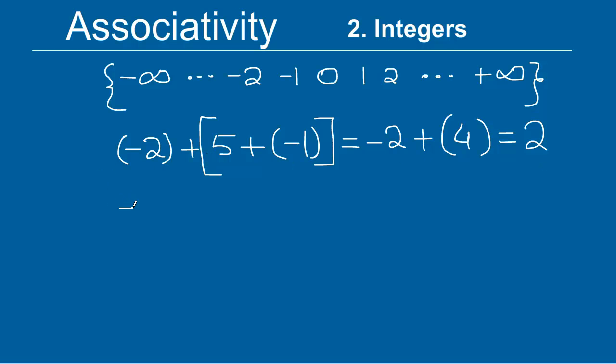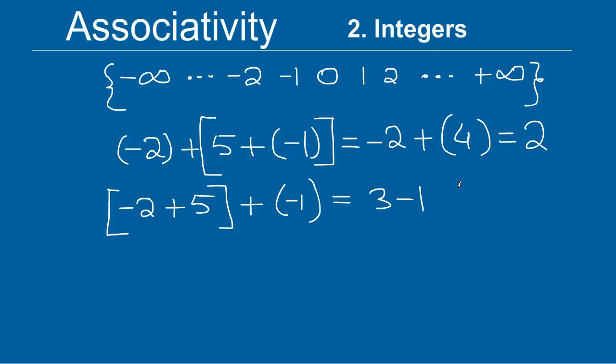Now we take minus 2 and add 5 to it. We do this operation first and then we add minus 1 to this. So 5 minus 2 is 3. Then 3 minus 1 is 2.